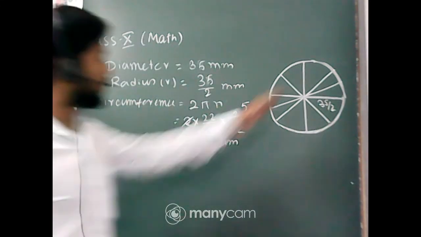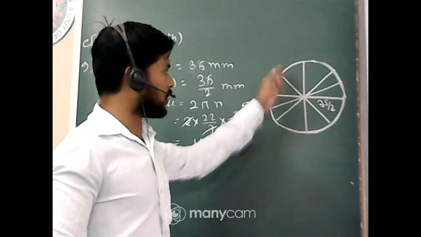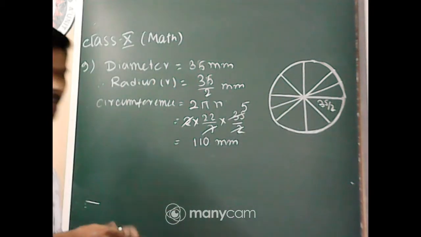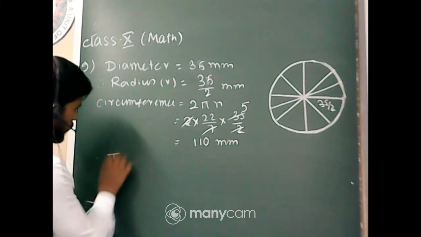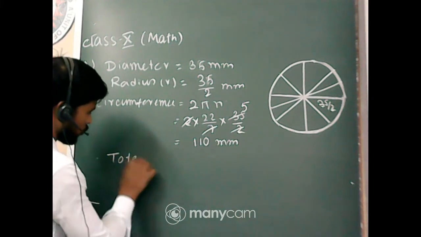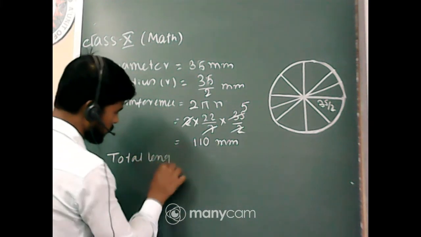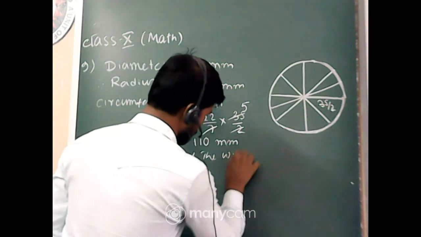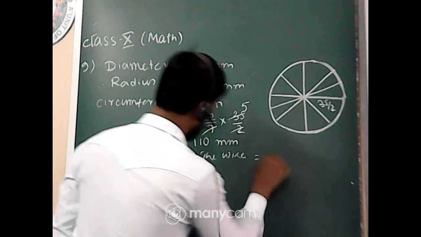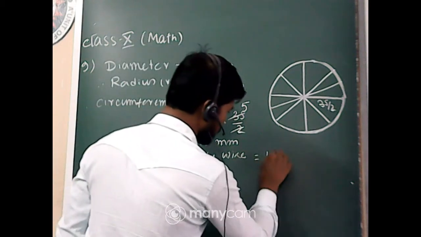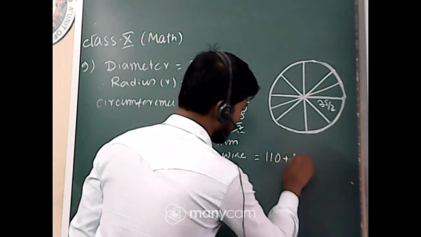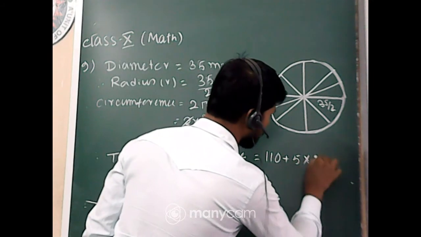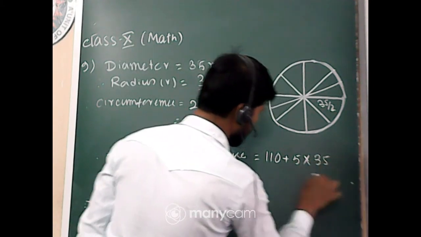Also 5 diameters are given here. So what is the total wire required? The total length of the wire is equal to the circumference plus 5 into the diameter of the circle.